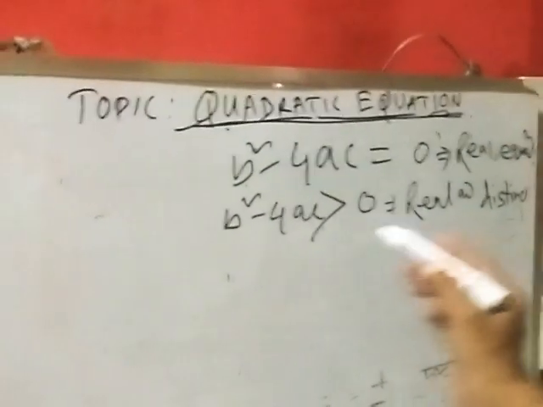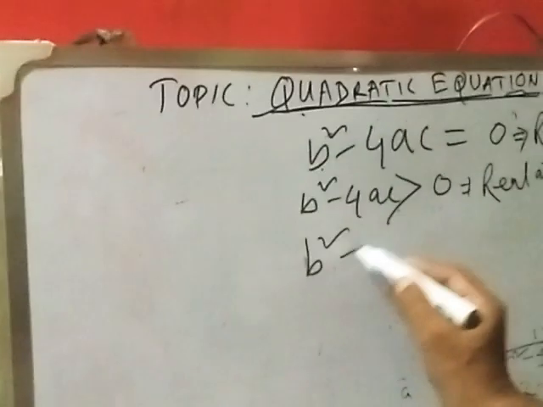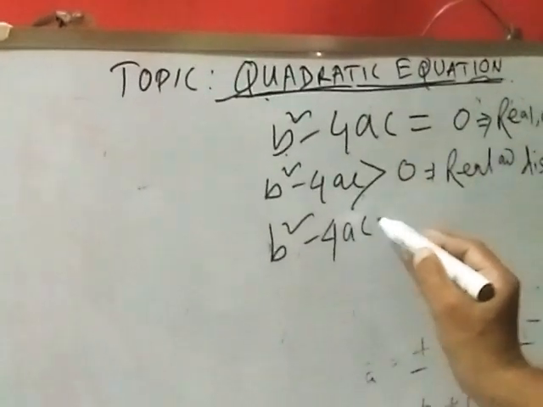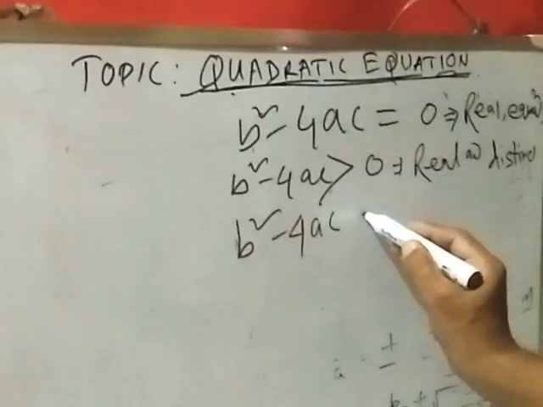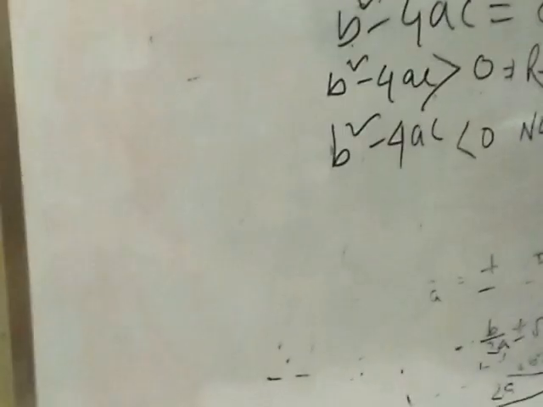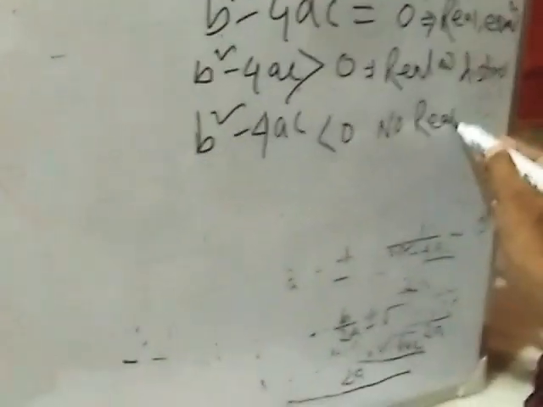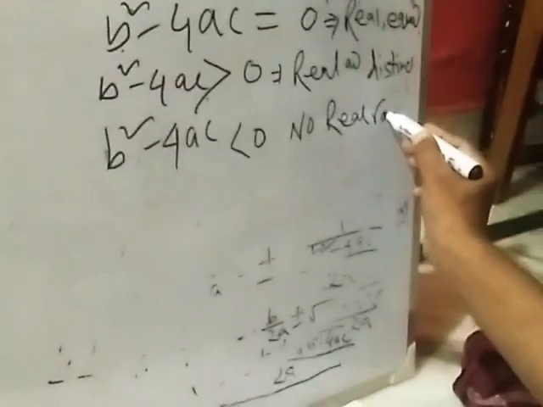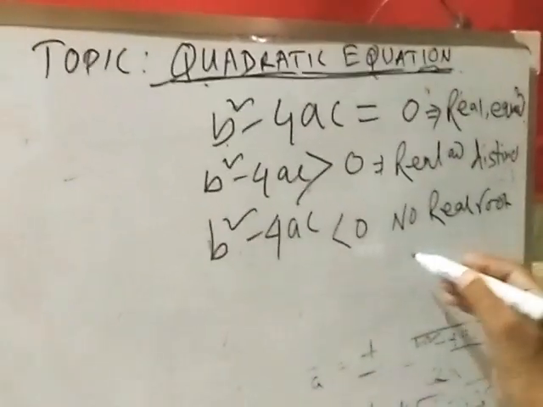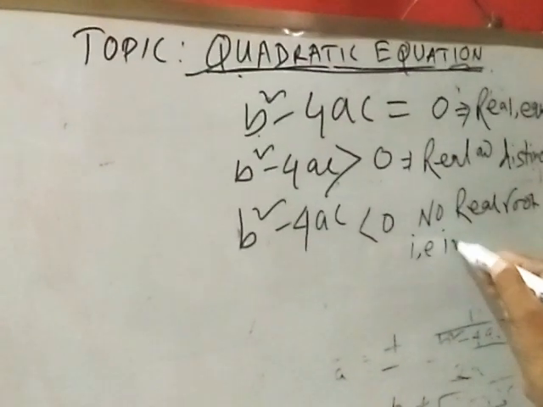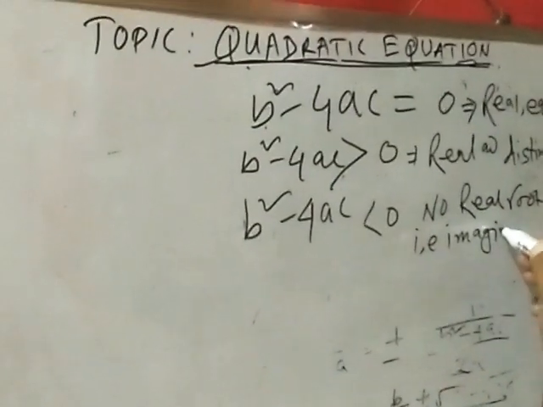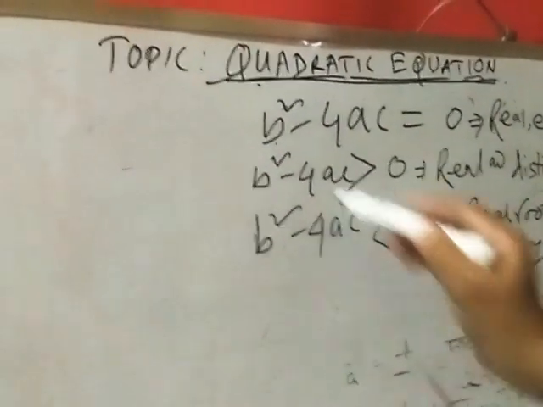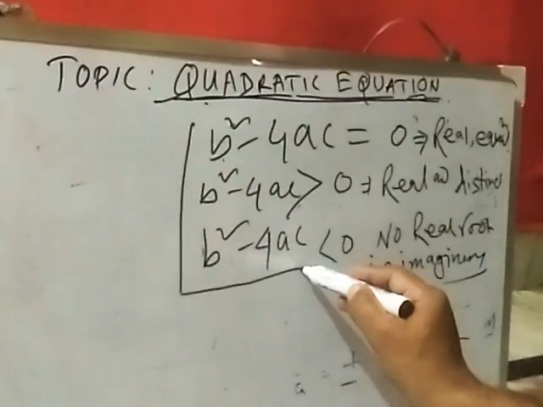No problem? Very good, well done. If b square minus 4ac less than 0, then no real root, keep it in mind, no real root. That is, the roots are imaginary. So this is the function of discriminant.